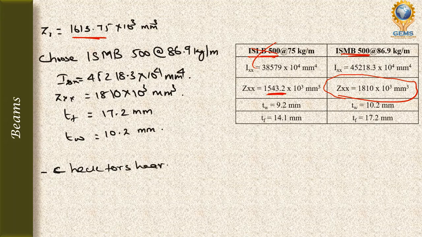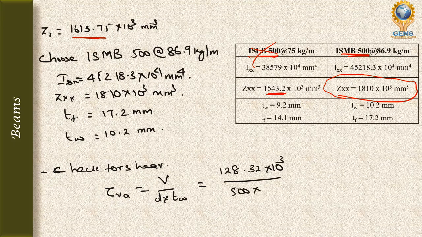Check for shear. The calculated shear stress tau va is equal to V by D into t, thickness of the web. So that is equal to 128.32 into 10 to the power 3 by 500 into 10.2.